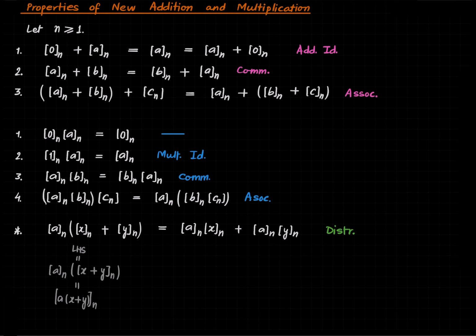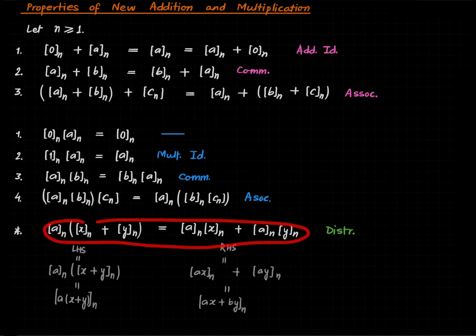Okay, what is the RHS? This is equal to, by definition of product, that thing which is, by definition of addition. And now by the usual distributivity of integers, this is equal to that. So the distributivity of usual integers descends down to give you distributivity in the folded world. Very nice. As nice as things can get.